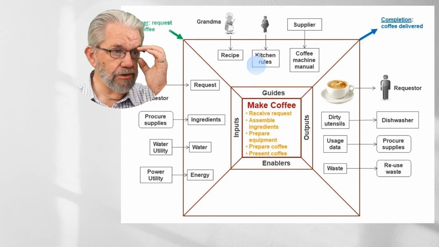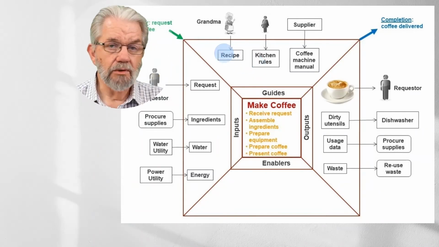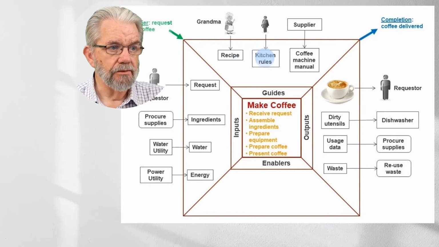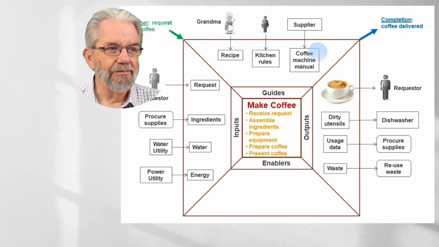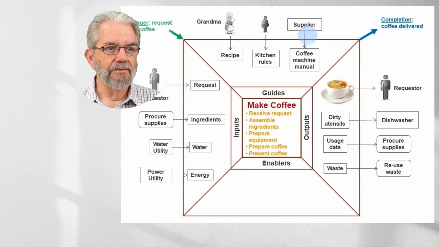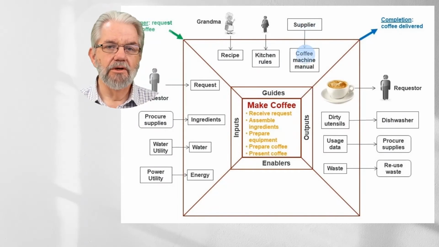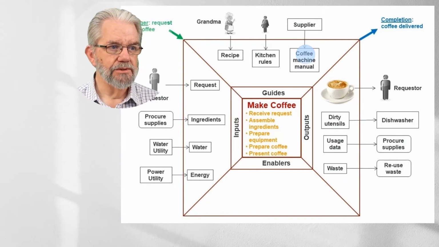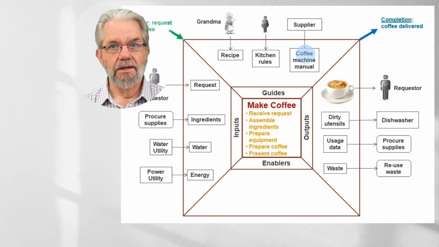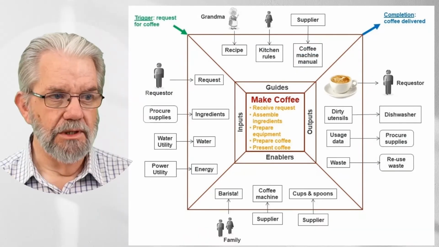So here we're saying the recipe, and here we always use Grandma's recipe. Here are a set of kitchen rules, and they come from whoever sets the rules in your kitchen. And we've got a coffee machine manual that's come from the supplier. So you could imagine the sorts of things that would be there in your real processes. So guides are things that are guiding the transformation of inputs into outputs.